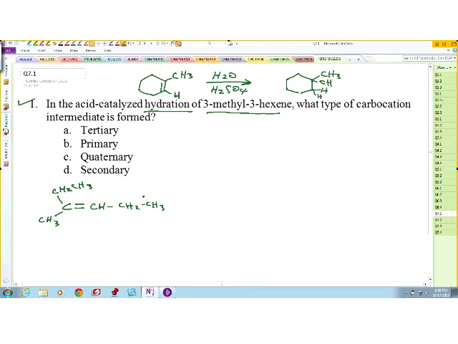Okay, so that is 3-methyl-3-hexene, position 1, 2, 3, 4, 5, and 6, and the methyl in the 3 position right here.